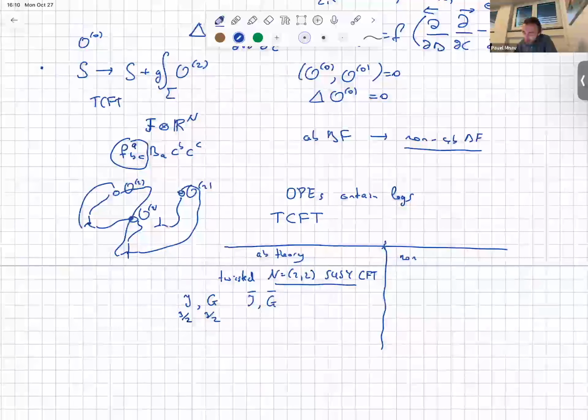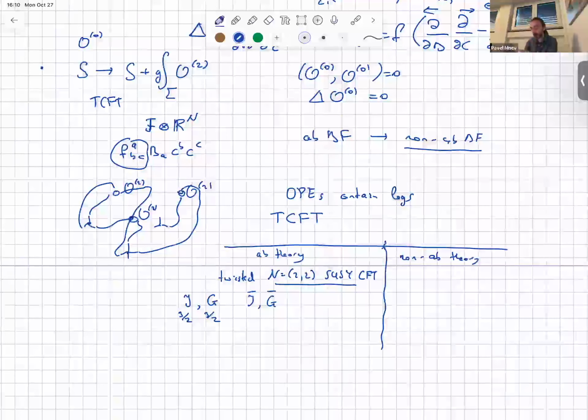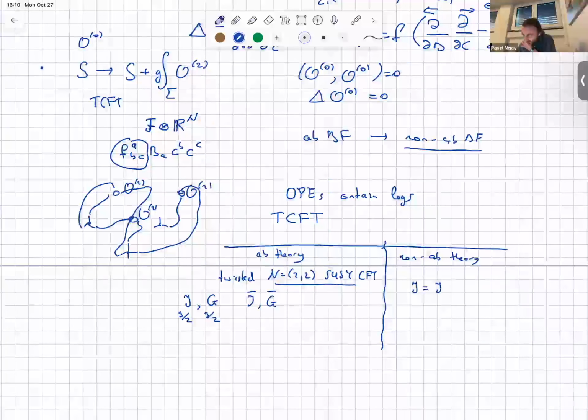And in the non-abelian theory, somehow that doesn't work. And why doesn't that work? Ultimately, because you like your CFTs to split into non-interacting holomorphic and anti-holomorphic sectors. And some things do split in the non-abelian theory and some things don't. In particular, J is a sum of a 1-0 form and a 0-1 form, but they are not separately conserved.